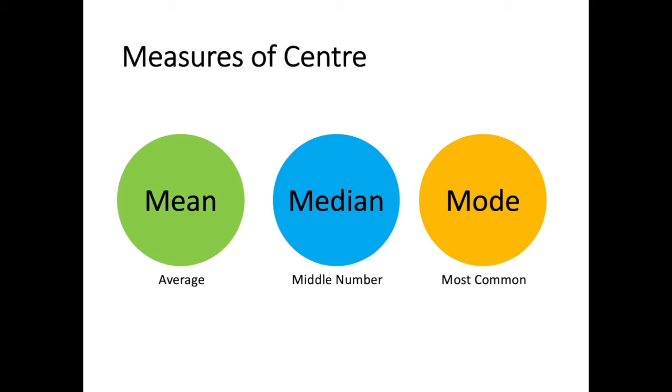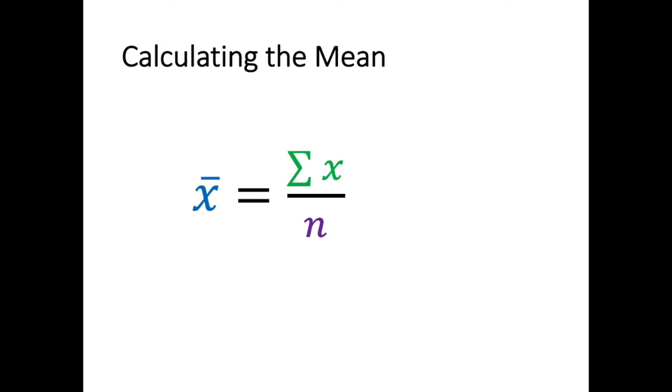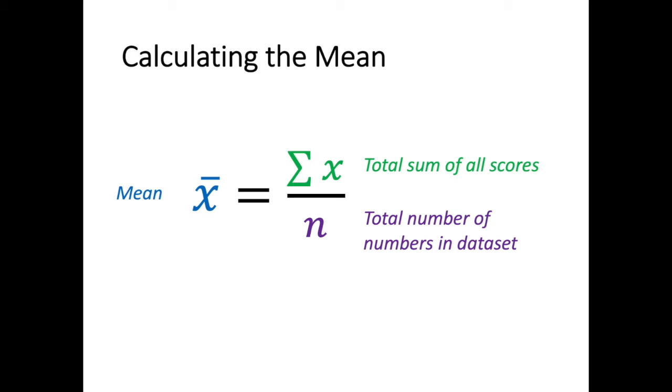So the first one we're going to have a look at is calculating the mean. When we calculate the mean, it is equal to the sum of all of the numbers divided by the total number of numbers. And you can see that we use this formula that's made up of symbols. So make sure that you are familiar with the formula and what each of the symbols mean.